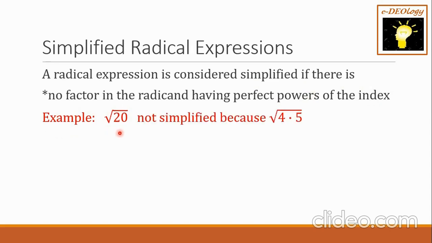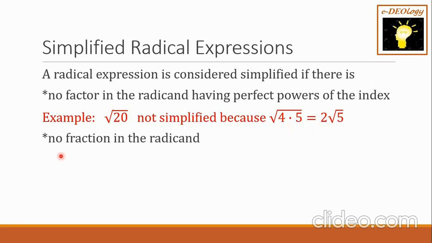This radical is not simplified because the 20 has factors of 4 and 5, and this 4 is a perfect square number. The index is 2, so there must be no perfect square number inside the radical. So we're going to simplify this by simply putting this 4 outside the radical sign, so it becomes 2, and then the square root of 5.